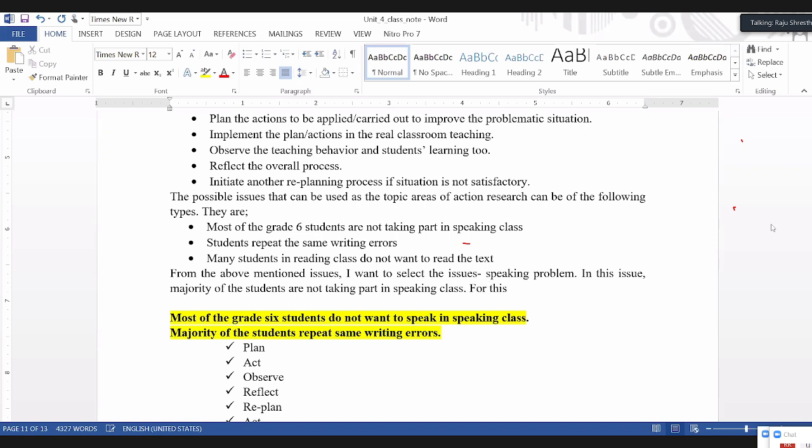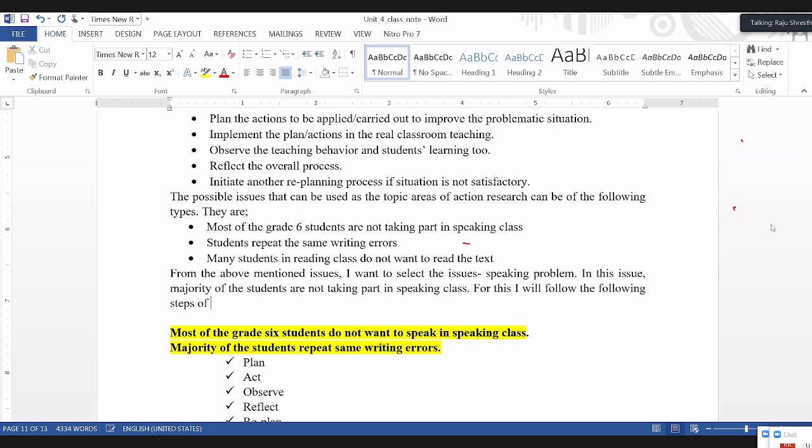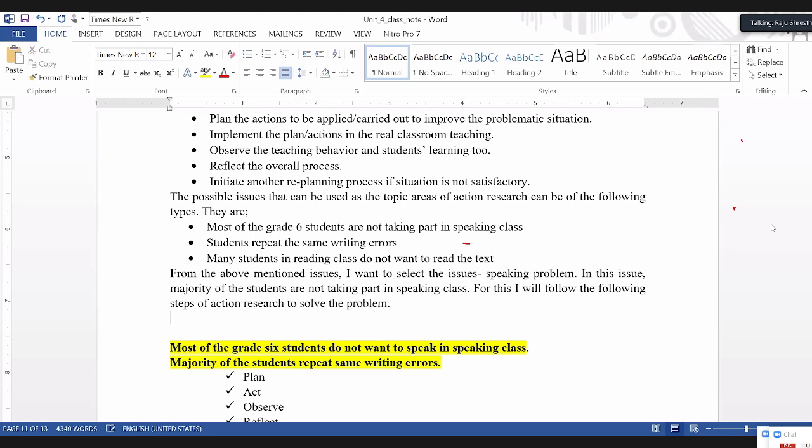For this, I will follow the following steps of action research to solve the problem. Then write here, step one: identification of the problem.